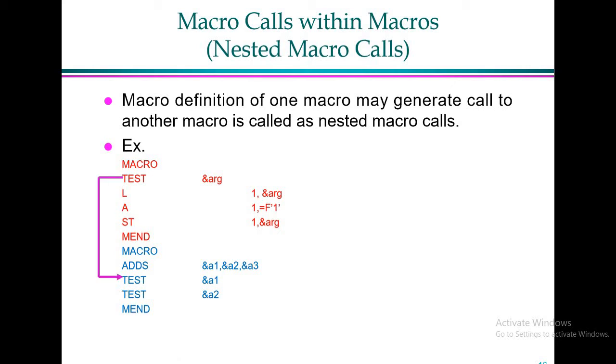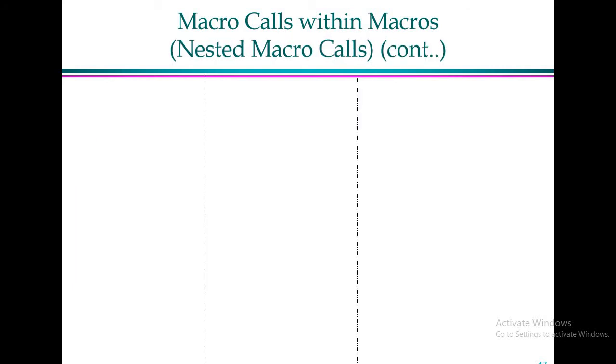Now see the test. In this adds is what? Your second macro. In this adds, the first macro, that is test, is used. That is what? A macro is used inside a macro. That is nothing but the nested macro calls. After that the second nested macro call is there and emit is there.